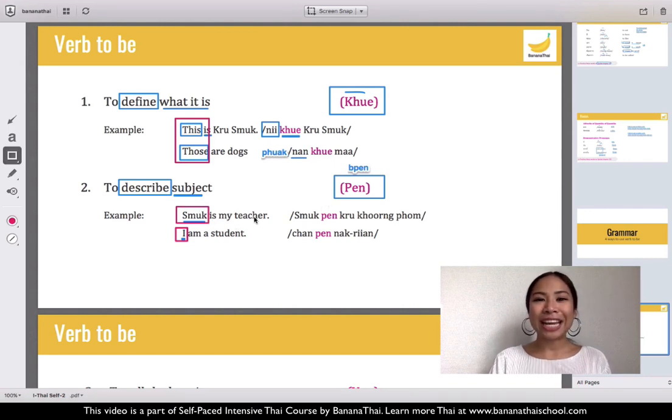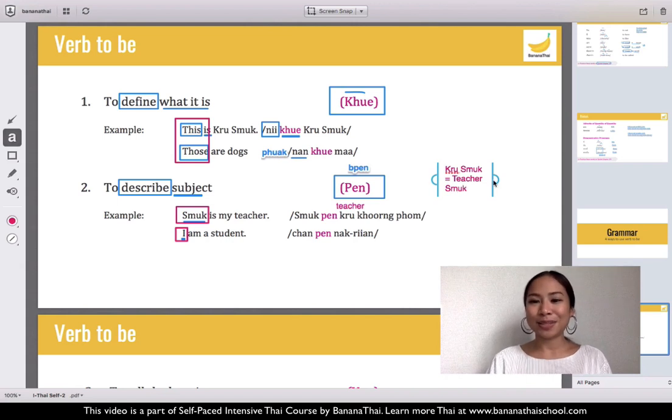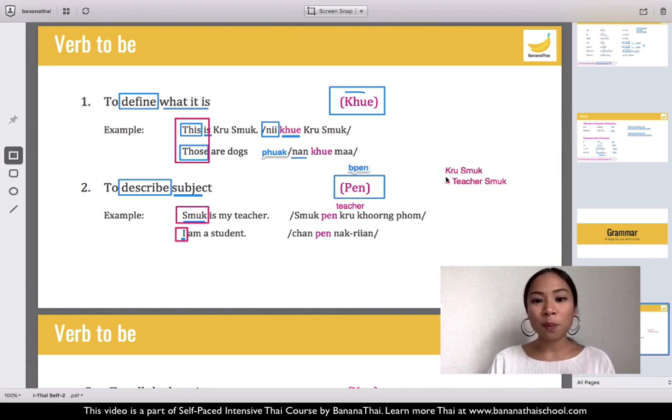my teacher in Thai language is ครูของผม. Look, the word ครู is teacher. That's why everyone calls me ครู Smoke, because it's from teacher Smoke. See? ครู Smoke. The word ผม is I, right?